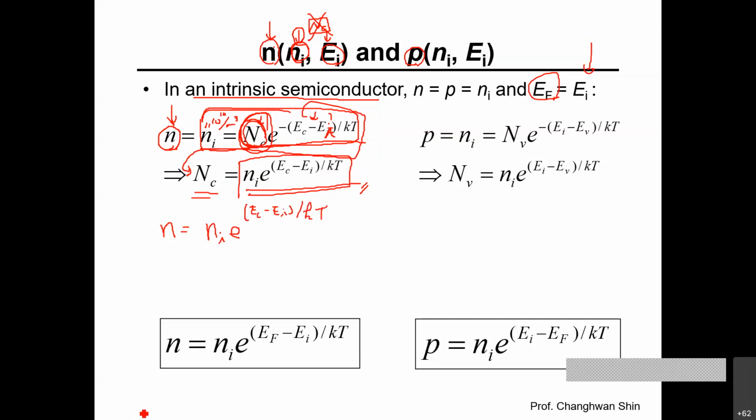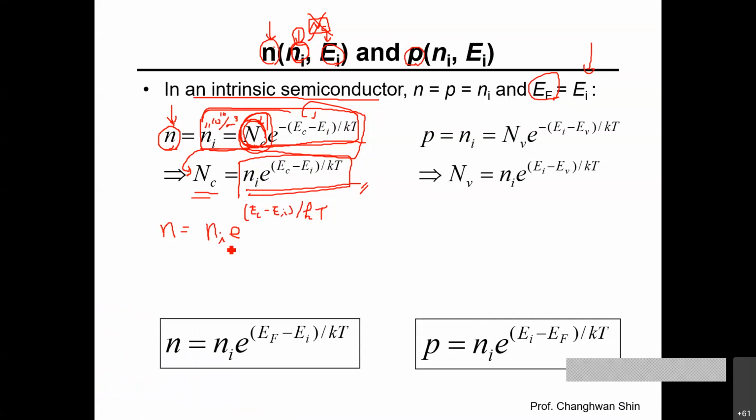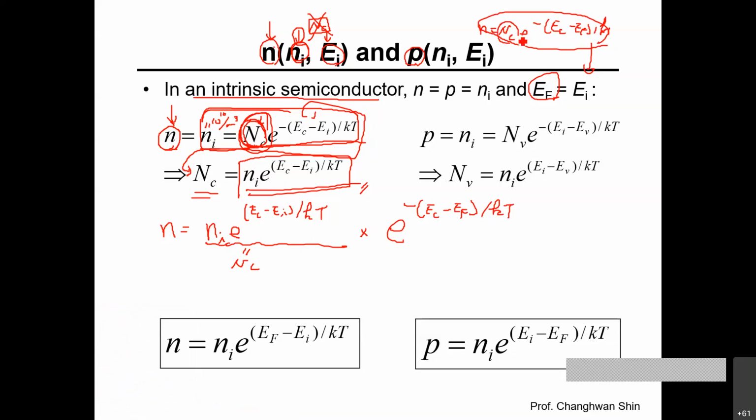That is corresponding to N C. And N C times the equation that we have learned, exponential minus E C minus E F over kT. Please remember the equation: n is N C exponential minus E C minus E F over kT. I'm using this equation, but we can replace N C with this.